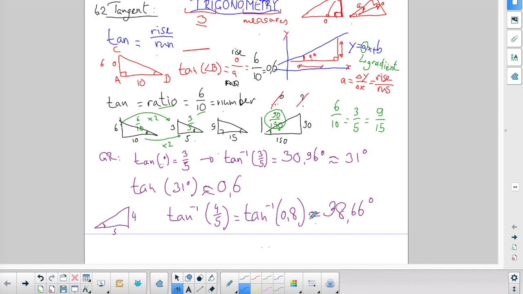And this needs to be little waves because it's approximately, it's not exact. So that's why we use these little waves. Don't forget. Okay, until here.